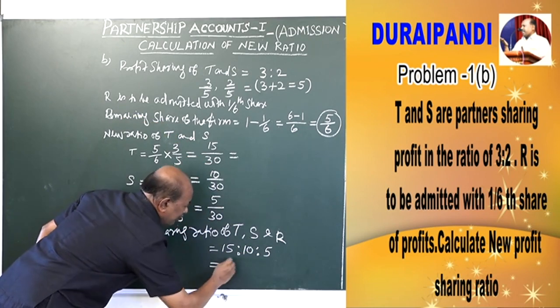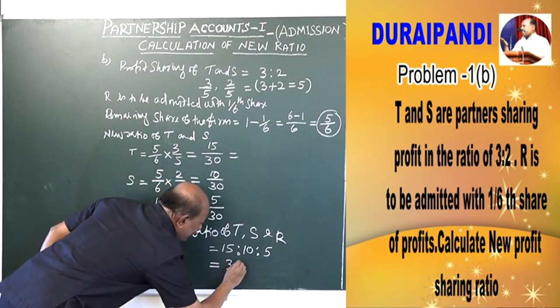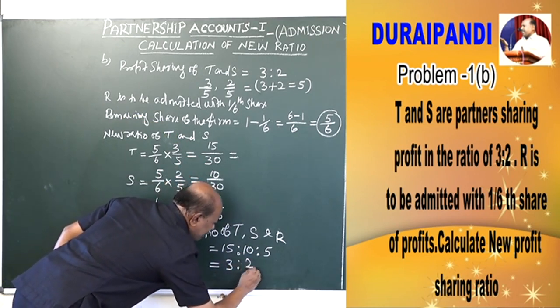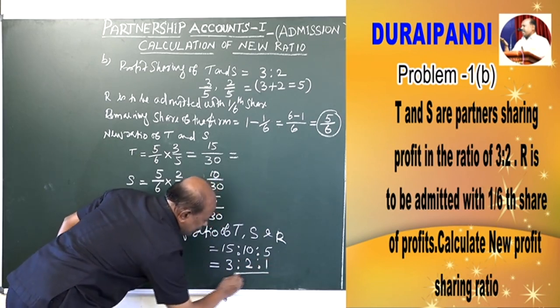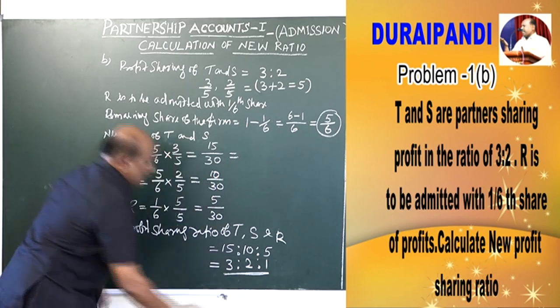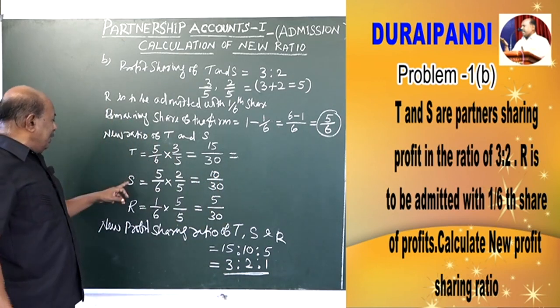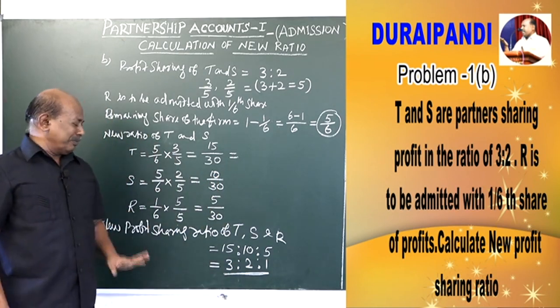That is equal to 3 fives are 15, 2 fives are 10, 1 five is 5. This is the new profit sharing ratio between T, S and R.